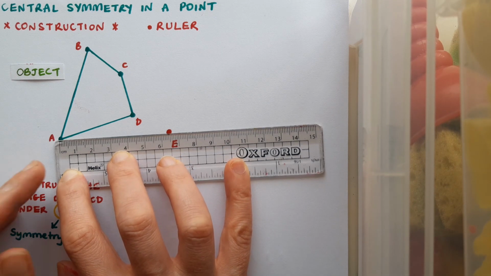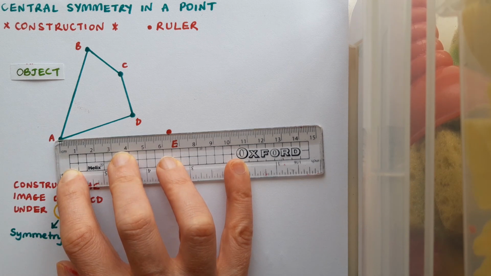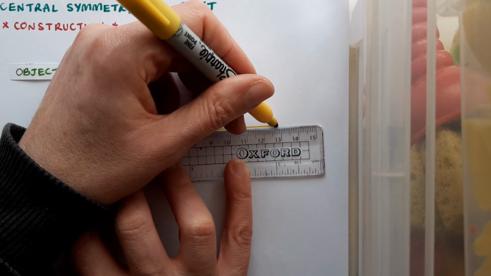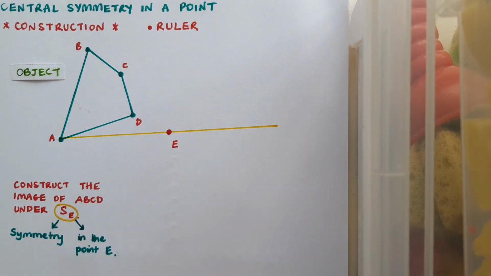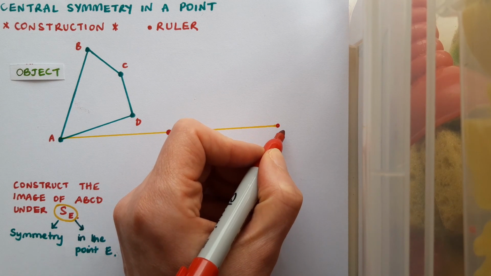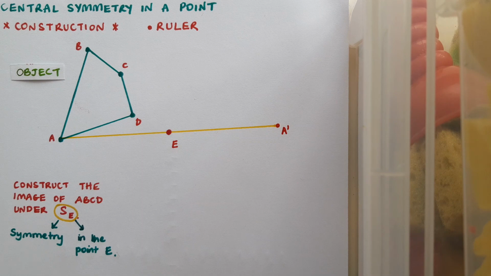I can see there's a distance of 6.4 centimeters in this case. I'll double 6.4. That'll give me 12.8. And I'll draw a line that is 12.8 centimeters long. And this line will end at the image of A, which I can call A dash.